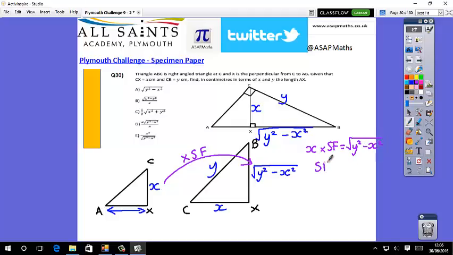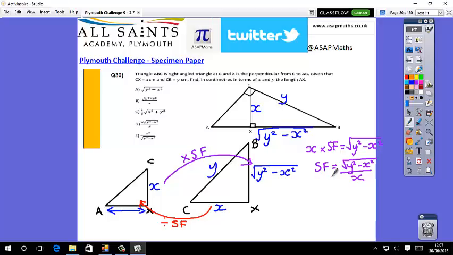So therefore my scale factor would be the square root of Y squared minus X squared, all divided by X. So that's my scale factor, and to go from small to big, I times by my scale factor, and to go from big to small, which is what I'm going to want to do here, I'm going to have to divide by my scale factor. So I'm going to need to do X divided by this scale factor here.